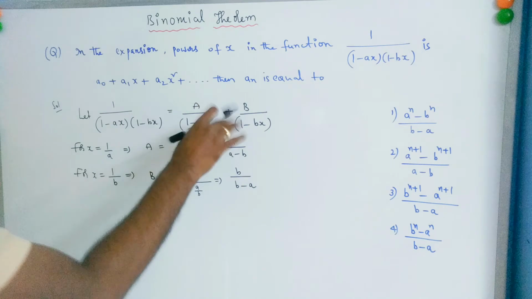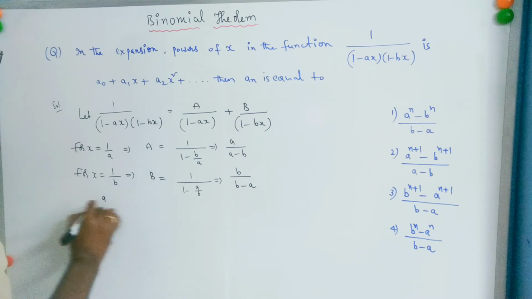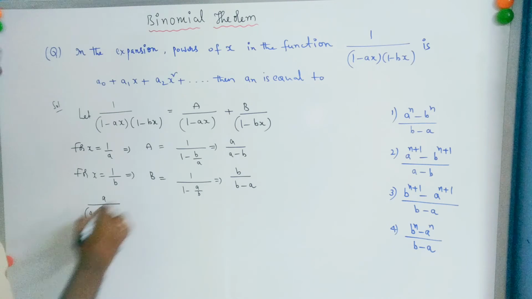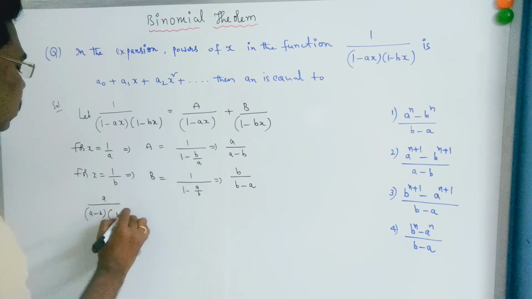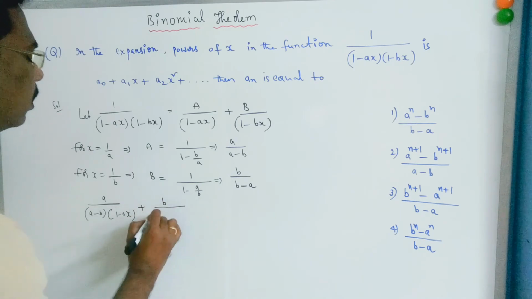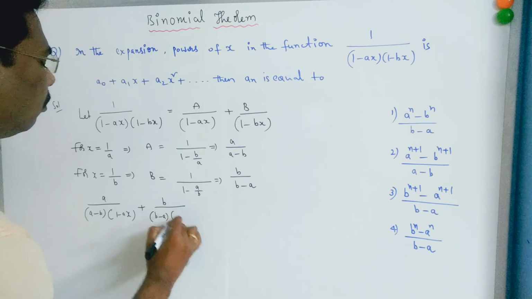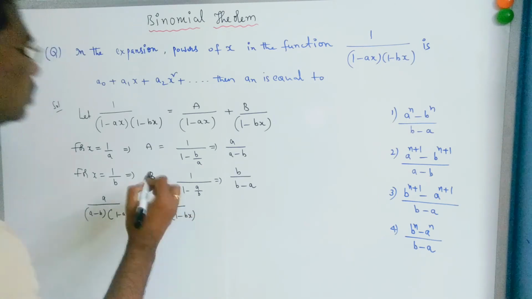Okay, now a b values are substituted in this one: a by a minus b into 1 minus ax, plus b by b minus a into 1 minus bx.